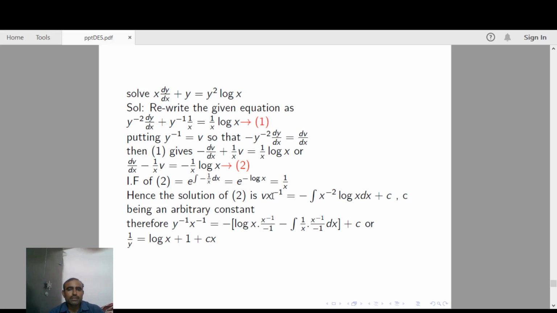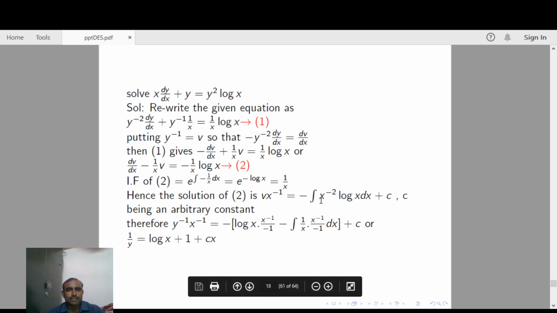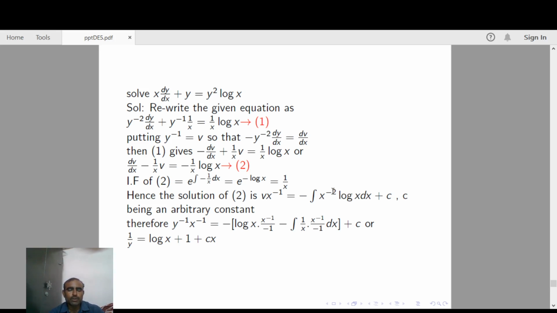So v x^(-1) equals, apply the uv method. Take log x as u, x^(-2) as v, then log x into the integration of x^(-2), that is x^(-1)/(-1), minus integral of the derivative of log x, that is 1/x, and the integral of x^(-2), that is x^(-1)/(-1), dx plus c.